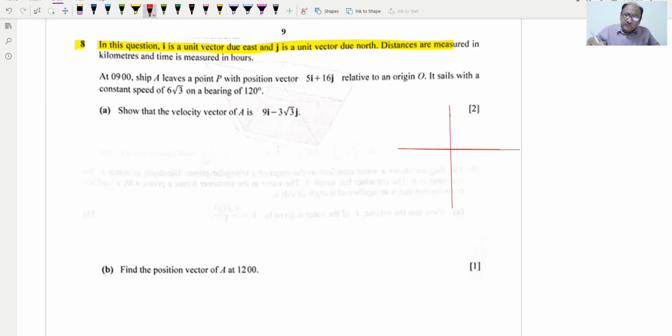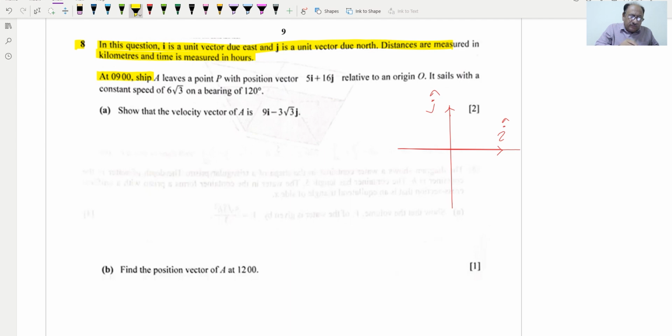So this is the i unit vector on this side and the j unit vector on this side. Distances are measured in kilometers and the time is measured in hours.